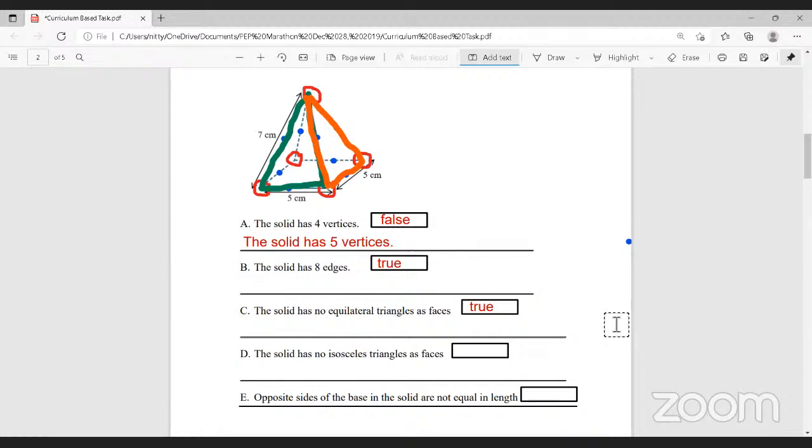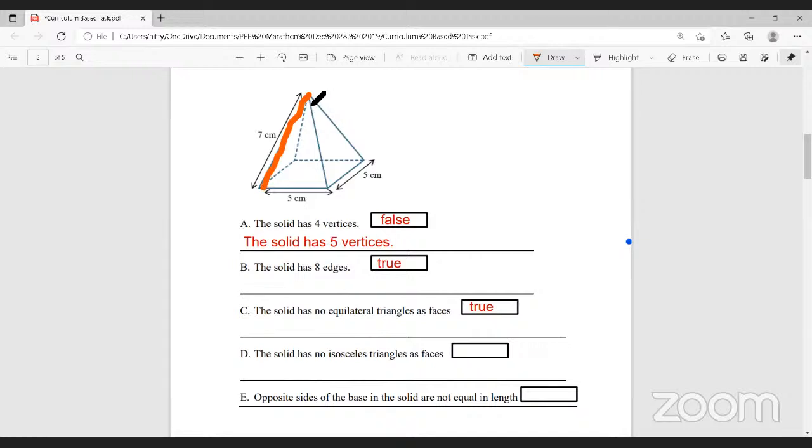Very good. All right. So let me just go ahead and erase what we have here so we can observe this solid clearly. So let us see if this is indeed true. The solid has no isosceles triangle as faces. All right, so I'm just going to go ahead and draw one of these triangles here.